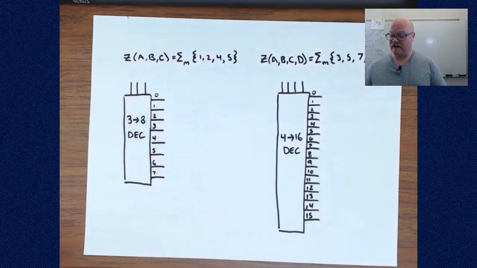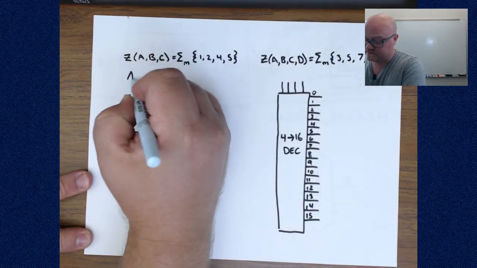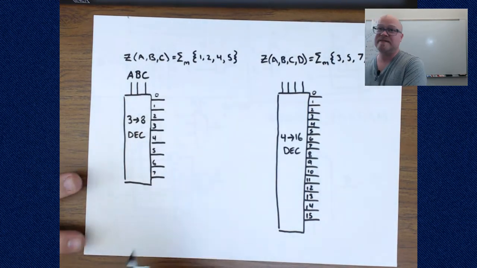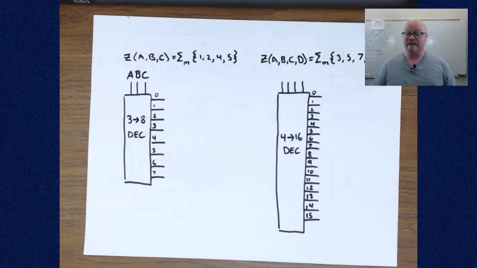So if I put A, B, and C here as the inputs, then I get my 3-bit numbers coming in, and they'll be decoded such that whichever number it represents, that numbered wire output becomes a 1, and everything else becomes a 0.